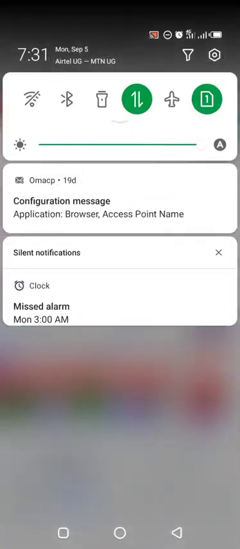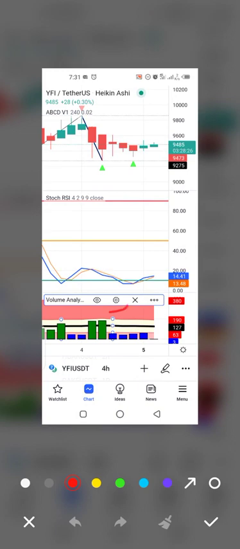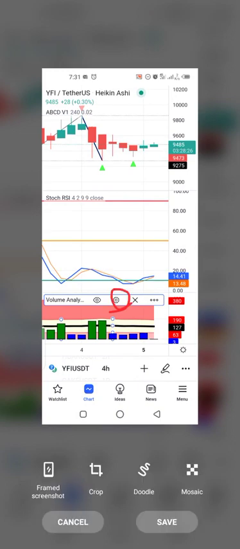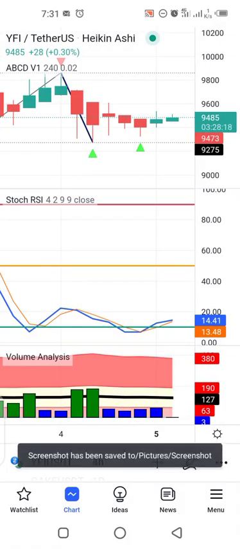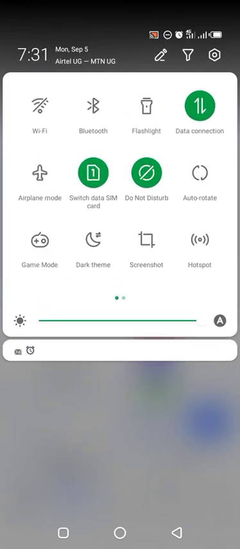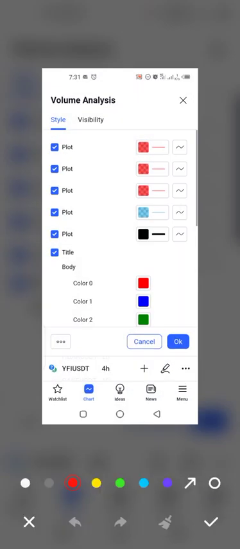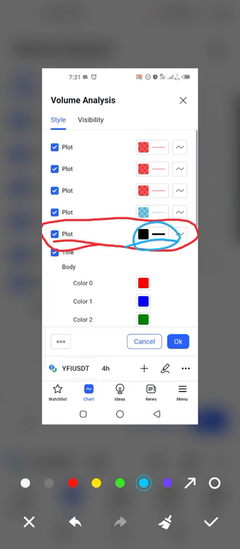Then, when you tap on the name, it gives you this area here. And that's where you need to tap on the settings. Now, here, apart from all other indicators, we just look for this last plot. I think it is plot number 5. On its color, which is basically here, there is always white, so you just need to tap there and turn it to black.